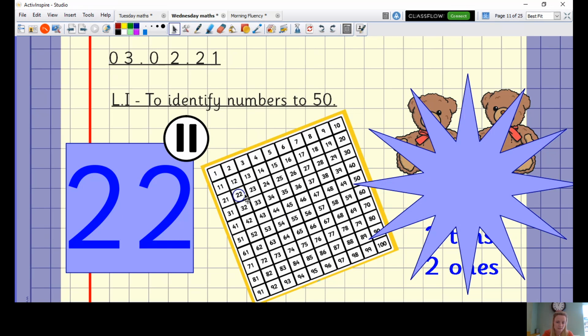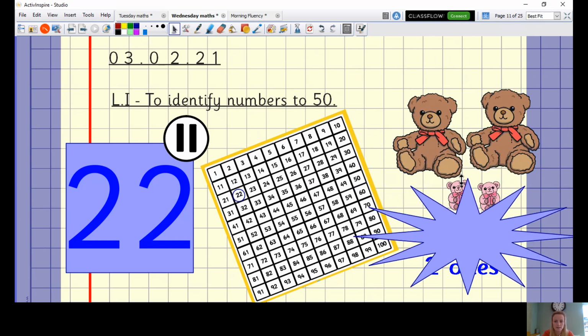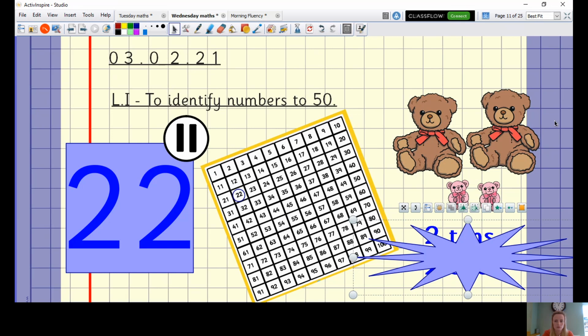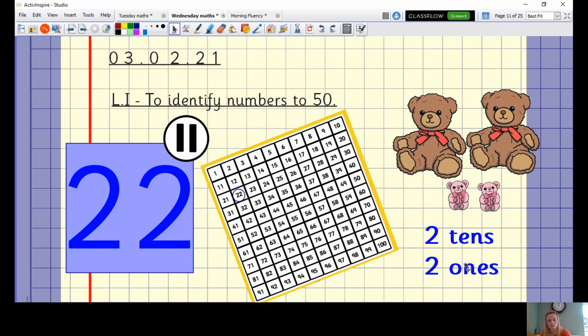So I found the number 22 over here. Then I would like you to make the number 22 with your resources. So I've got 10, 20, 21, 22. Then if you wanted to do some writing, you can verbalize this, so you can tell yourself or anybody in the room, or you can write it.